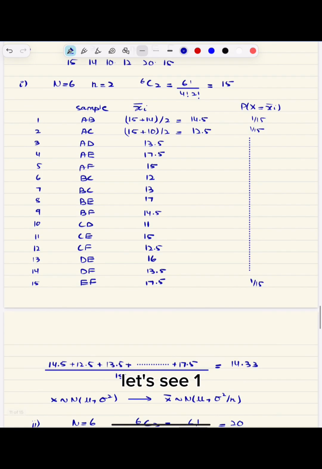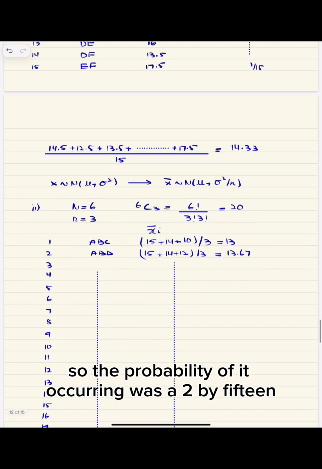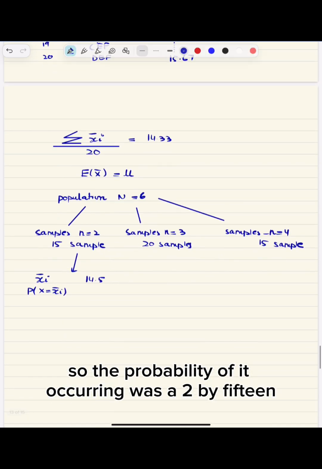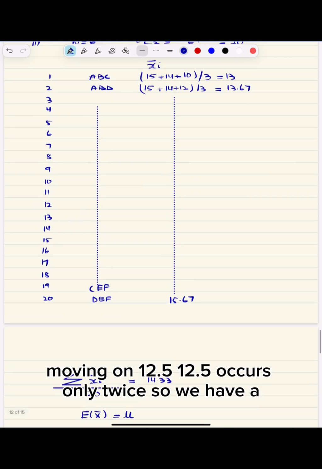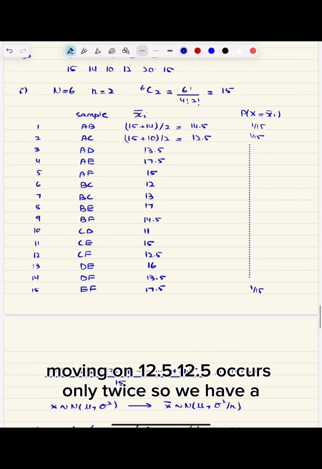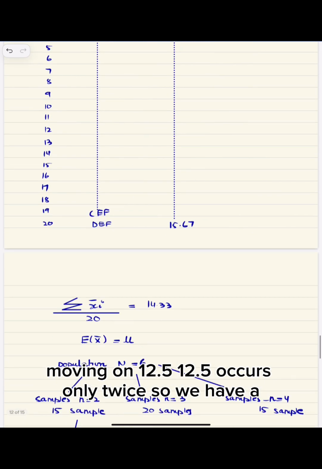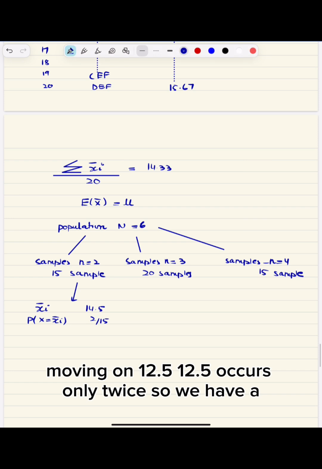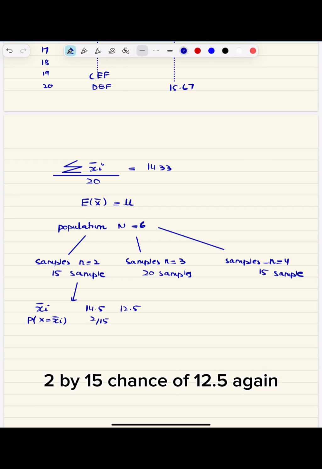Let's see. 1, 2. Okay, so the probability of it occurring was 2 by 15. Moving on, 12.5. 12.5 occurs only twice. So we have a 2 by 15 chance of 12.5 occurring.